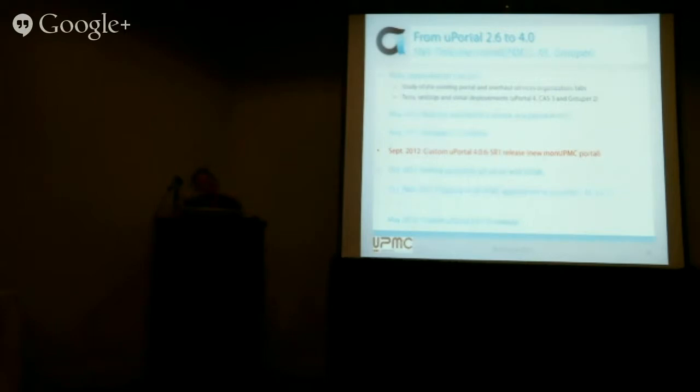So we deployed Grouper first, and then in September, a custom version of uPortal 4.0.6, and all our users use this instead of the old version of uPortal. In October, we set up our Git server with GitLab, and between October and November, we flipped all the UPMC applications to a new CAS server.